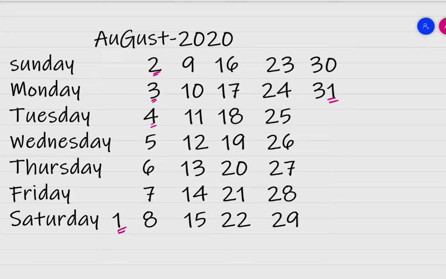If you consider these dates from 1 to 31 as terms, you will agree with me that they form an AP. Like 1, 2, 3, 4, 5, and the last term is 31, and this forms an AP. Do you all agree? Yes, you all agree to this.